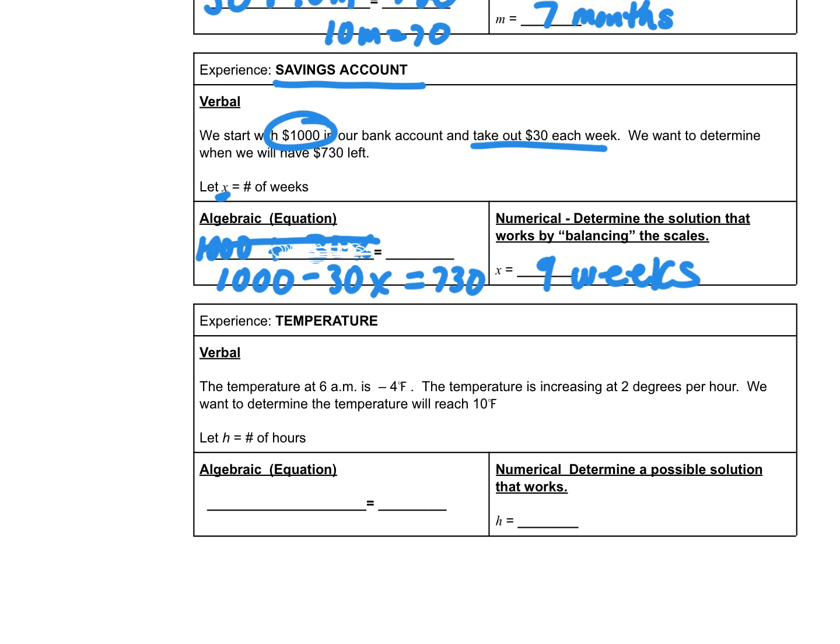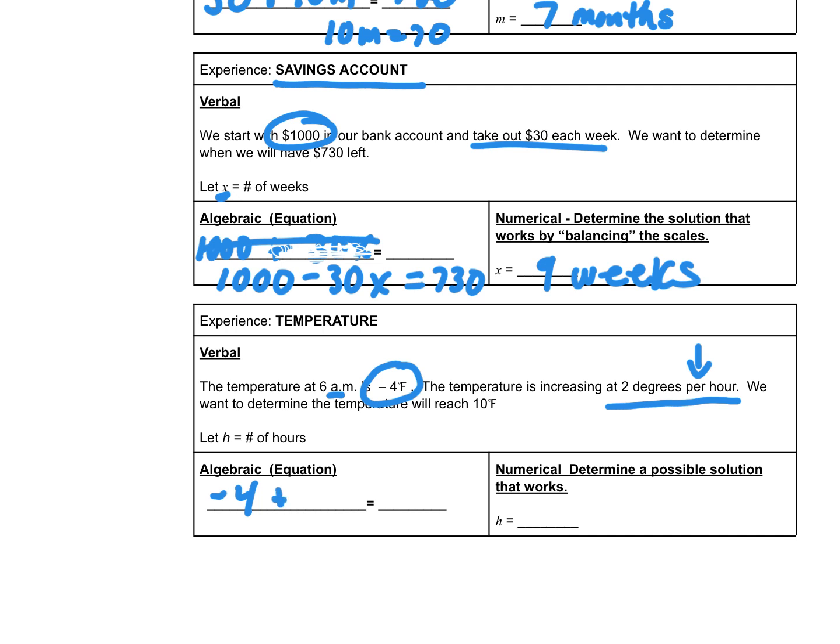All right, the temperature at 6 a.m. is -4 degrees. The temperature is increasing 2 degrees each hour. We want to determine when the temperature will reach 10. So at 6 a.m. or the beginning, it's negative, so -4. And it is fluctuating or increasing. You can look for the word per. That will tell you where the variable will go.